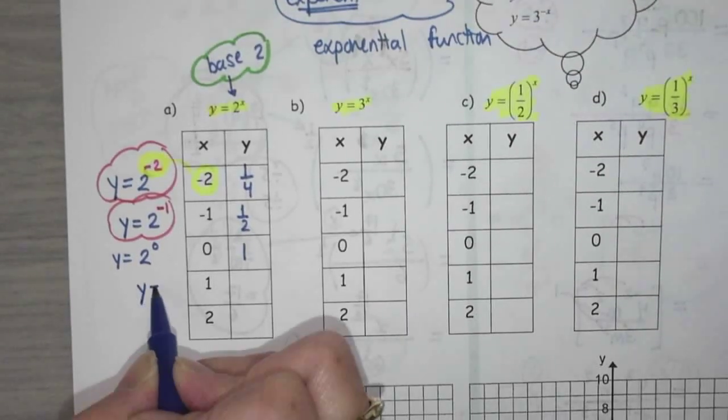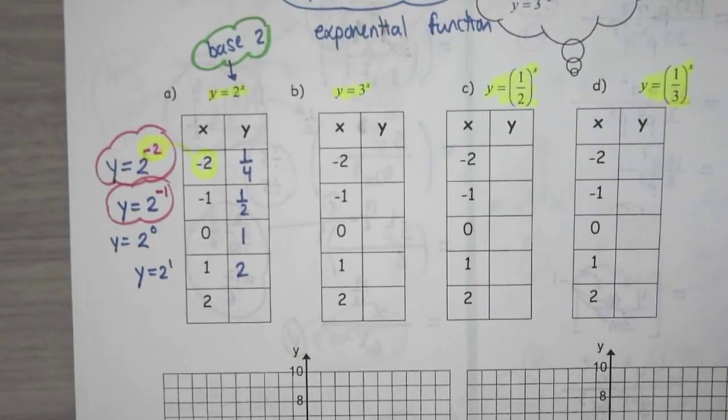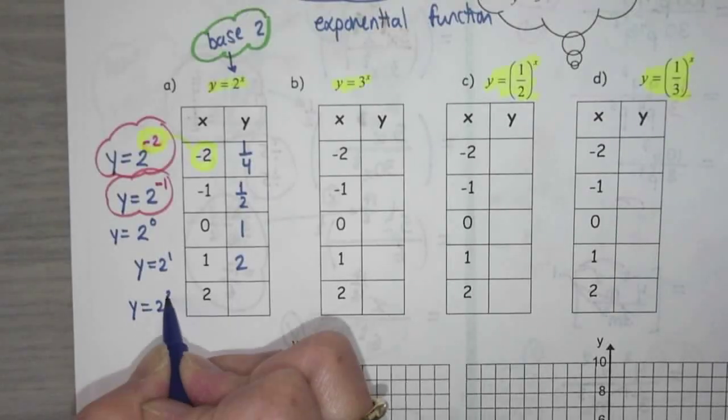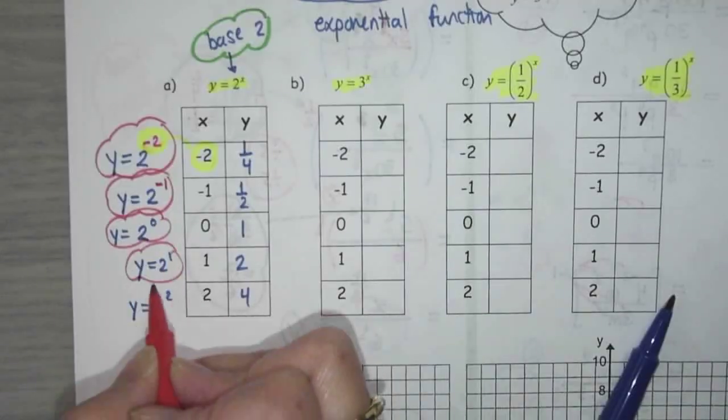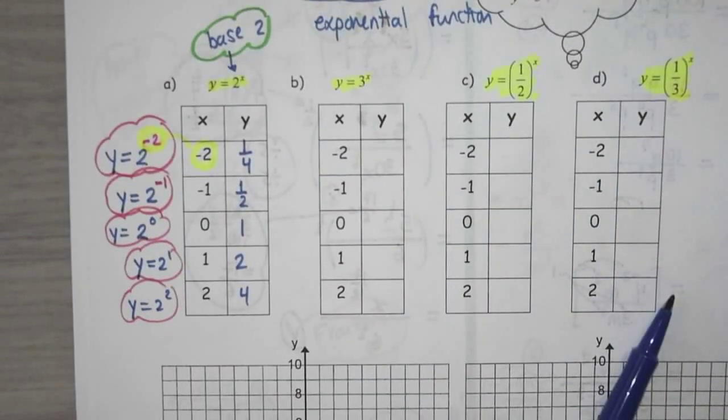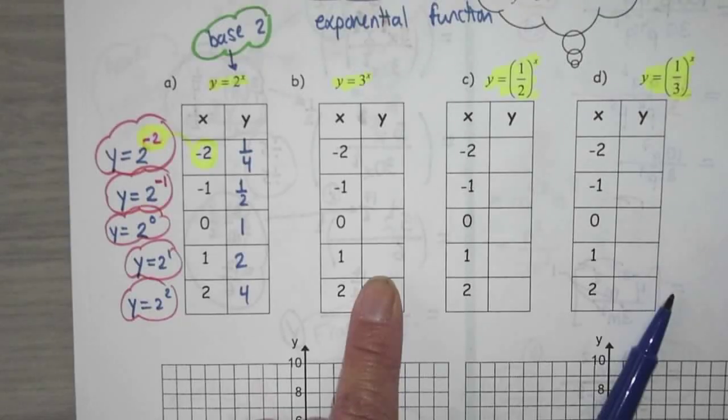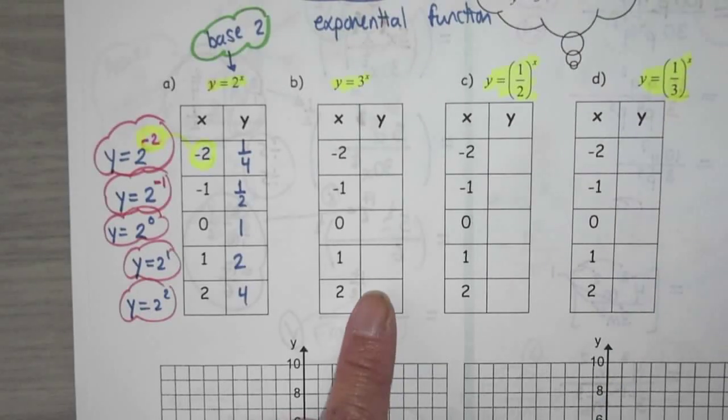And 2 to the 1 is just 2. We're okay for that one. And y equals 2 squared, which is 4. We okay? So again, you don't have to show this. This is just your brain thinking this. The stuff in the bubbles is always what you're thinking, and then you calculate that way. Does that make sense? Okay, can we fill in this chart, and then we can talk about the comparison?